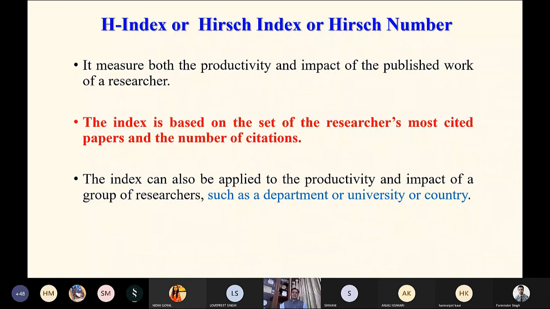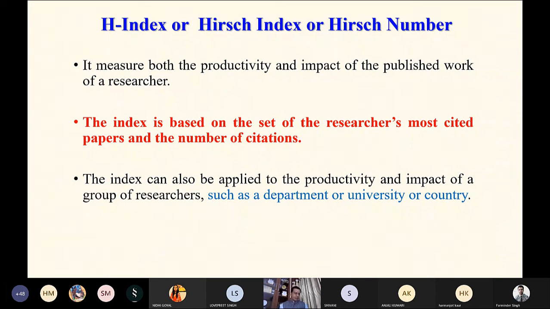The H index indicates the productivity and the impact of the published work of researchers. Just like the impact factor that we calculate for a journal, different researchers and organizations have their own H index that indicates their productivity.